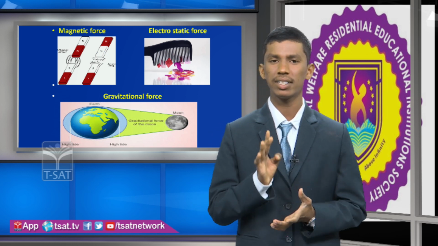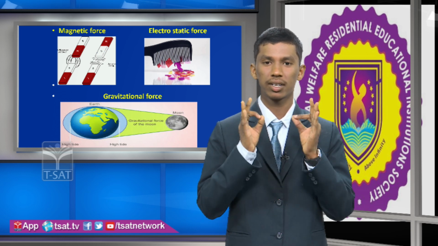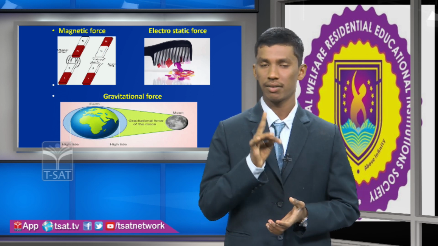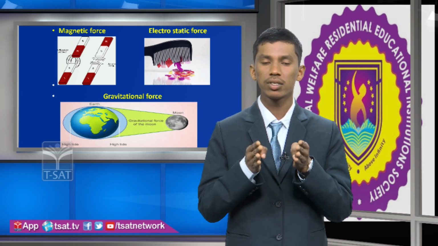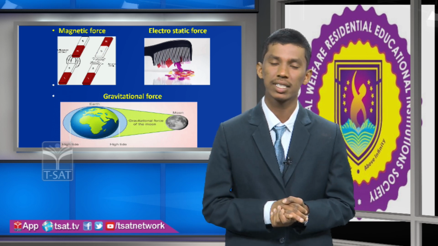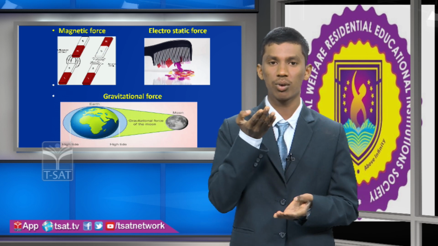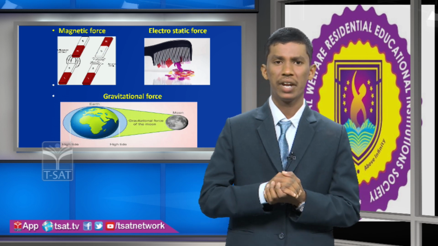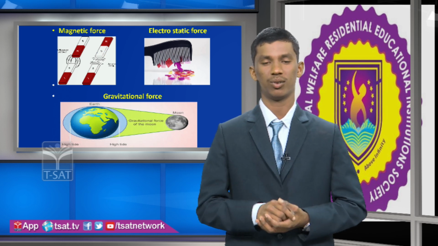Next, gravitational force. We are all well acquainted with this force. Gravitational force means the force of attraction between two objects. See friends, when I throw a stone up in the sky, it returns to the earth due to gravitational force.